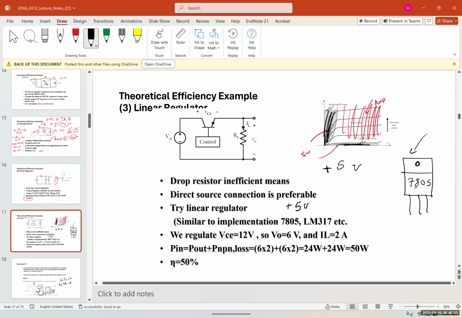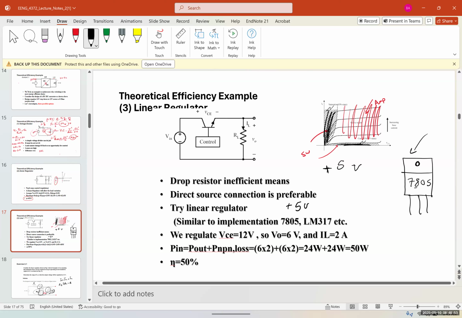So another type is called a line regulator. Let's see if I can move this a little bit so you can see the title. We have the drop resistor, inefficient means, and the voltage regulator works in the saturation mode. As you remember, we have the cutoff region, the saturation region, and the active region.